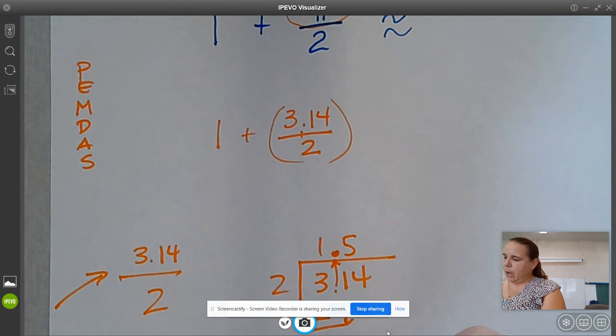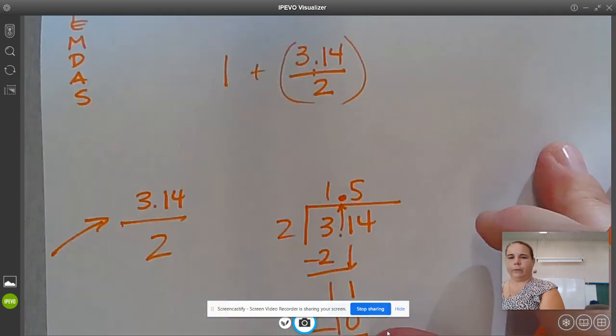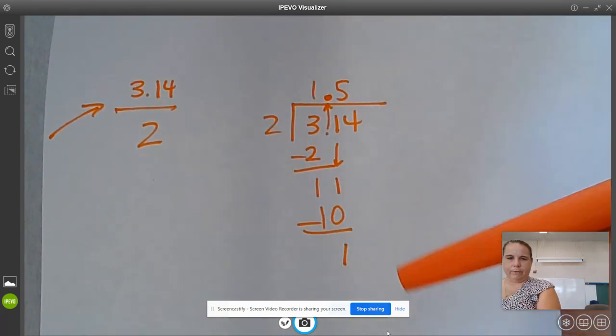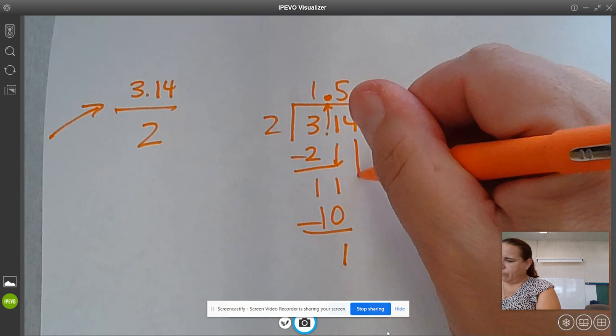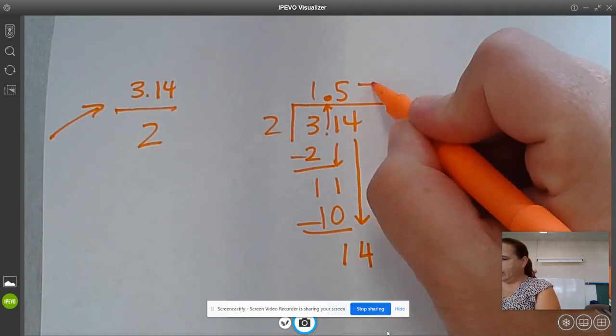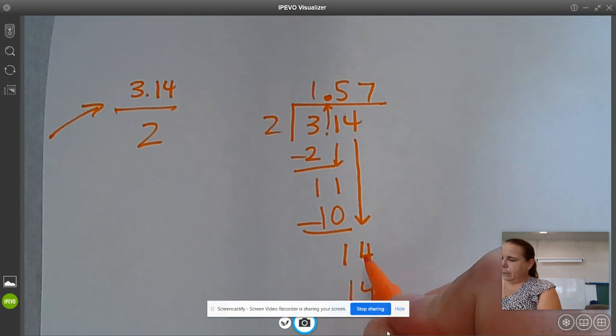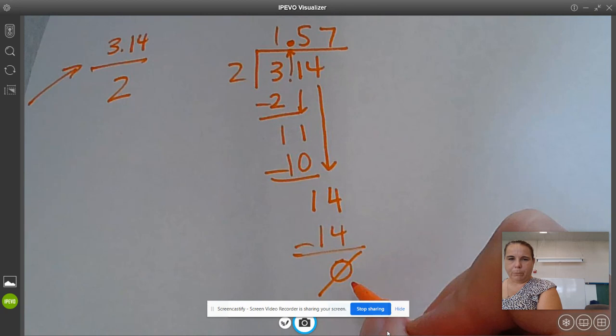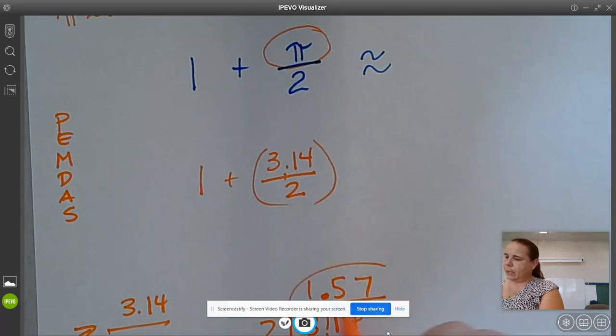Here's 10. I will tell you, I had students stopping here with long division. I know that you guys know better than that. All right. If you have this remainder and you have not touched the 4, you have to bring it down. 2 goes into 14 7 times. Right? 2 times 7 is 14. And, right, we have no more remainder and no more numbers, so we're done.